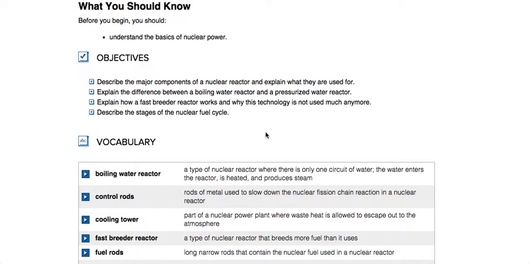The reaction that takes place in a reactor seeks to take advantage of the natural ability of uranium isotopes to easily break apart, and in doing so, release significant amounts of energy. How does that happen? It happens when you start to bombard the cores of those atoms with neutrons.